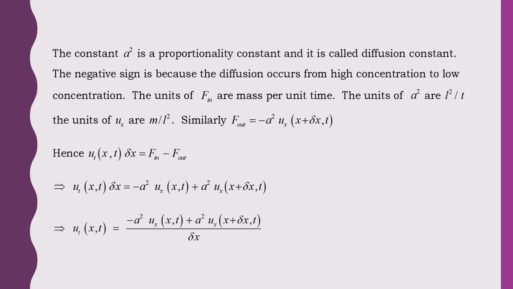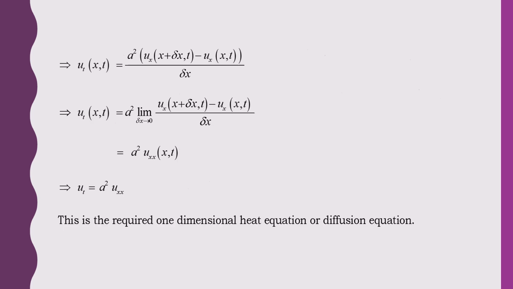Here u sub t equals dou u by dou t, u sub x equals dou u by dou x. We have obtained that u sub t of x comma t equals a square times u x of x plus delta x comma t minus u x of x comma t upon delta x.